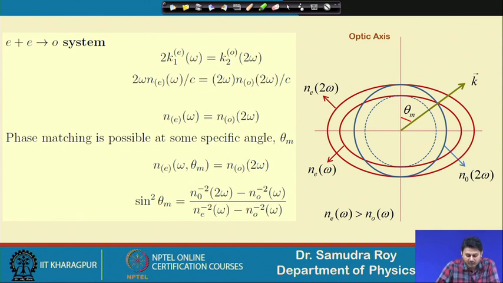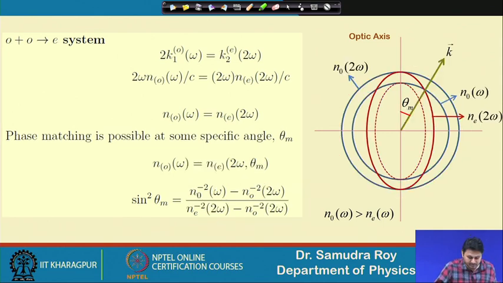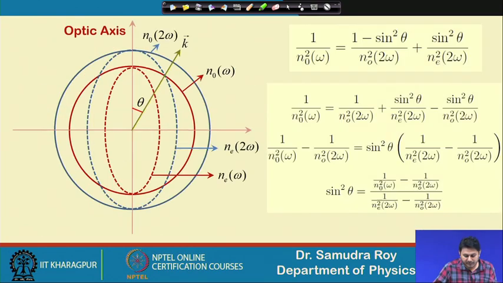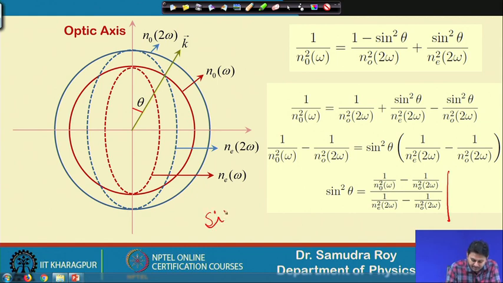This is the calculation that we have already done. Let me go back to the previous slide, so that you can understand. Here you can see the calculation for the crystal where two ordinary waves merge to generate one extraordinary wave. So, this calculation is already done. Here we can see sin squared theta, if I now write in terms of n_o of minus 2 omega.